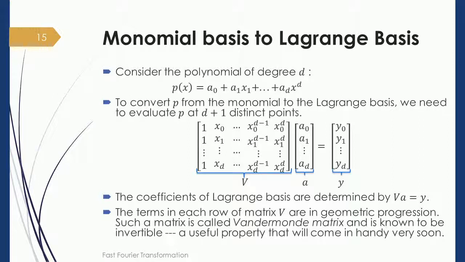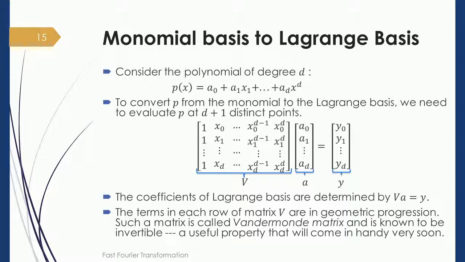So, this guarantees that when we transform a polynomial from the standard basis to the Lagrange basis, this is a matrix times a vector. This matrix has an inverse, and so we can also transform the Lagrange basis representation back to the standard basis representation.